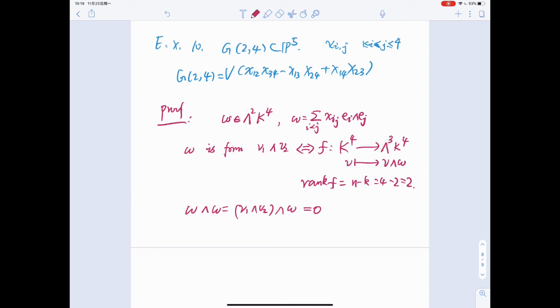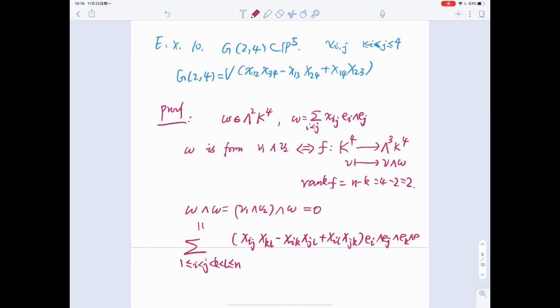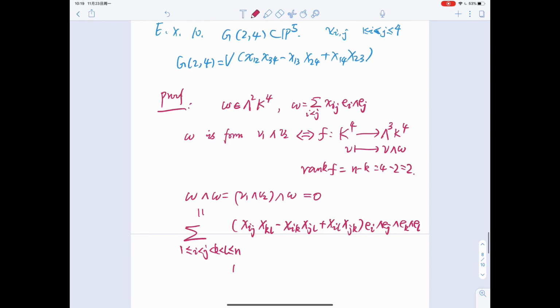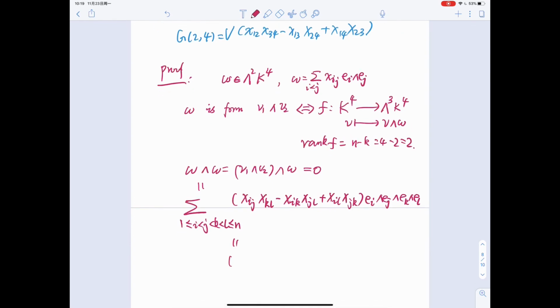However, we have omega wedge omega is of this form, and it is just this.